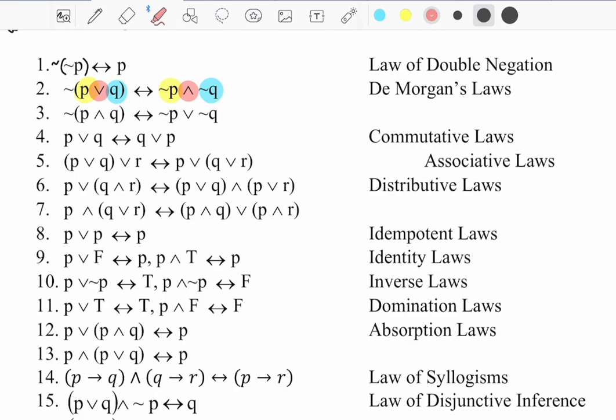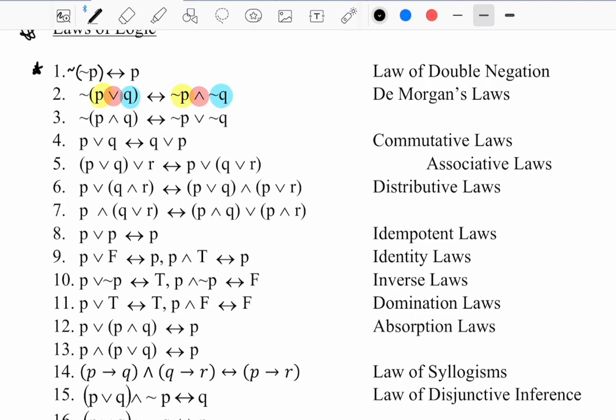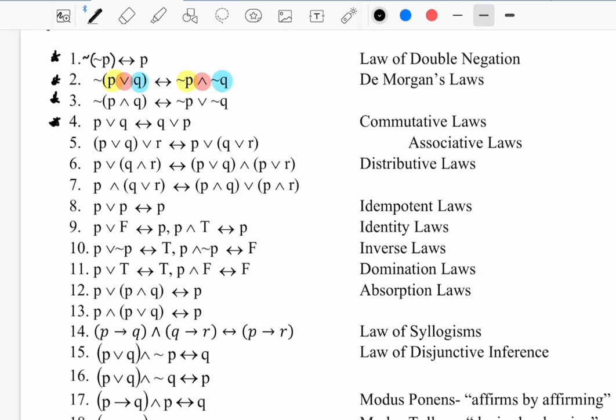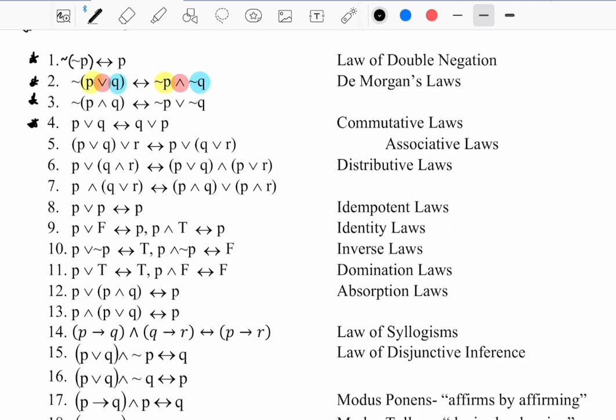Commutative laws are important. Associative laws, you'll see them from time to time, but I'll put stars on the ones that we're going to focus on the most. So De Morgan's laws, commutative law. I put a star on number 8 just because I think that's a funny word, but it doesn't really come up very often.